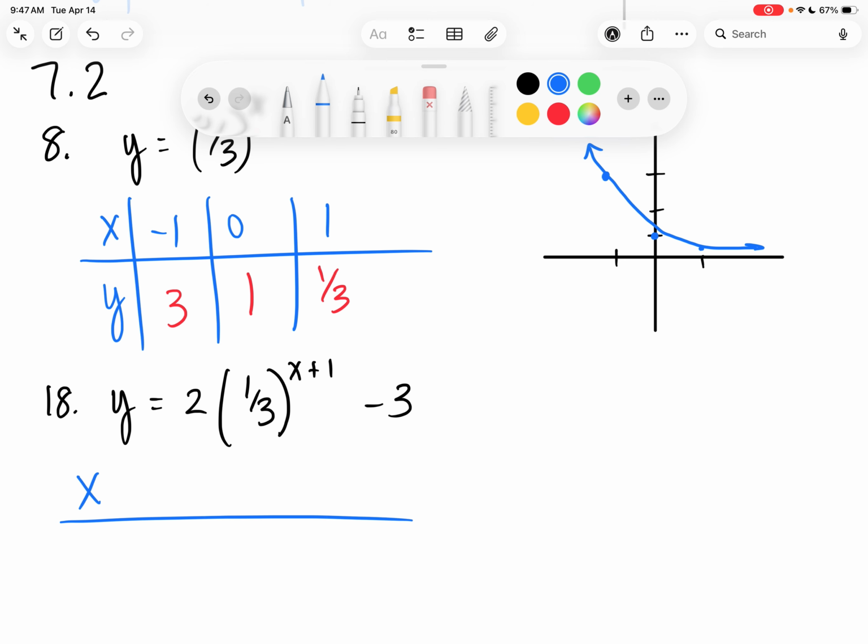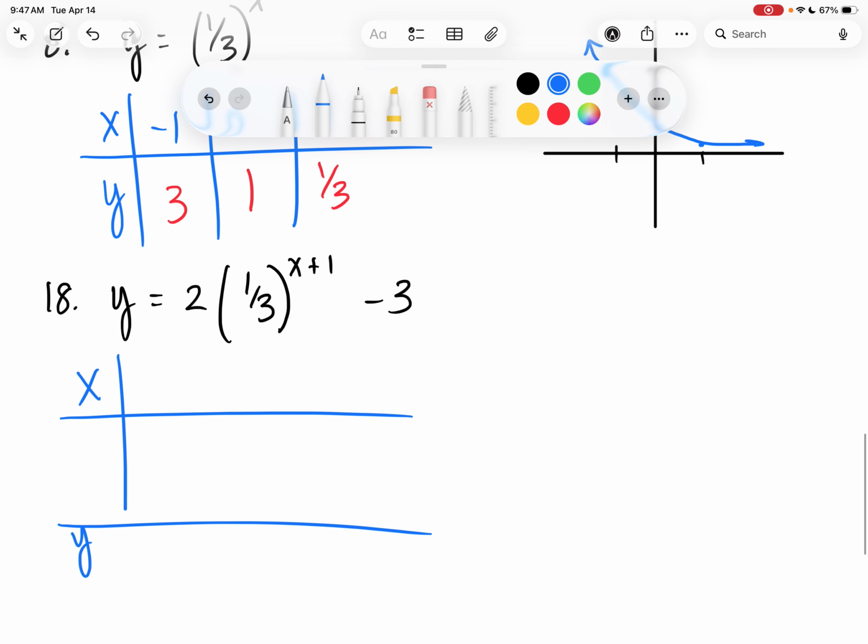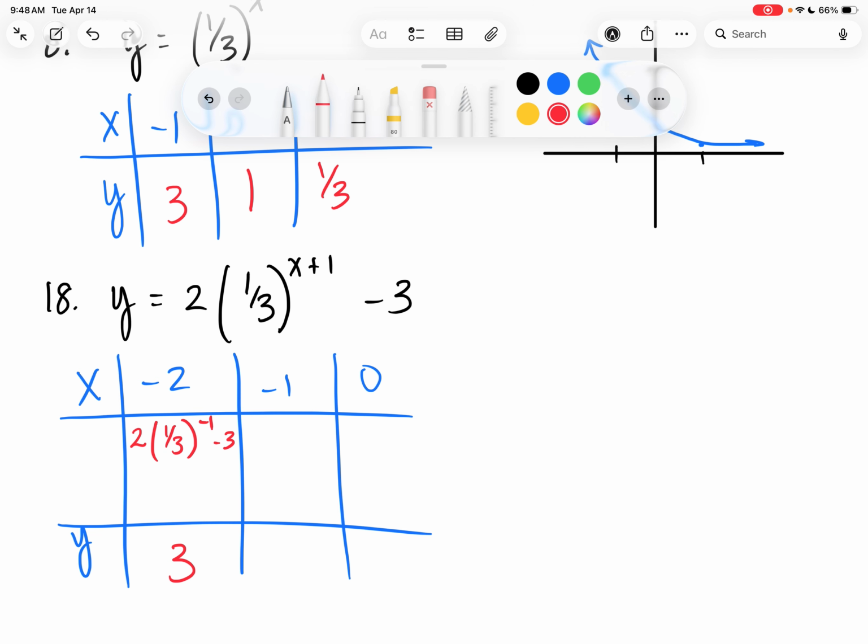So, I'm going to leave space to put the work on this one. All right, so -2, -1, and 0. 3, 1, 1/3. So this would be 2 times (1/3) to the -1, and then minus 3. So (1/3) to the -1 would be 3, times 2 is 6, minus 3 is 3. And then I've got 2 times (1/3) to the 0, minus 3.